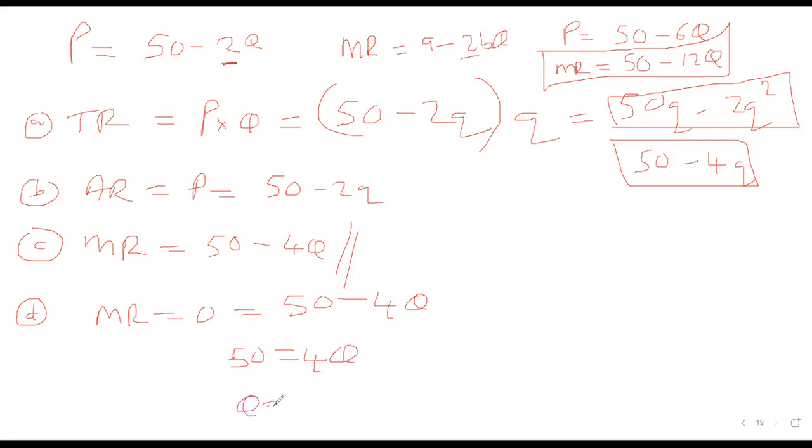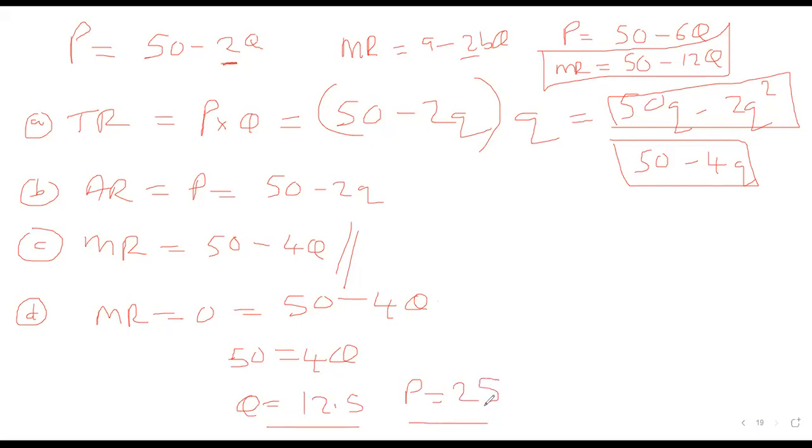So Q will be 50 divided by 4. What do we get? 12.5. Put it in the price. What are we going to get? 50 minus 2 times 12.5 will be 25.